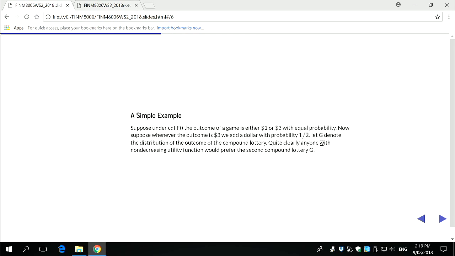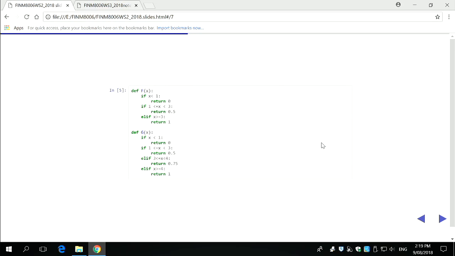So what does that mean? That means if I define the two CDFs, F is the original CDF. It's 0.5 when it's between 1 and 3, and it reaches 1 when it's greater than or equal to 3. So that's my original F. Now I have additional probability.